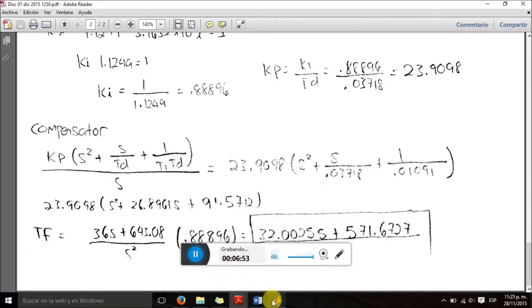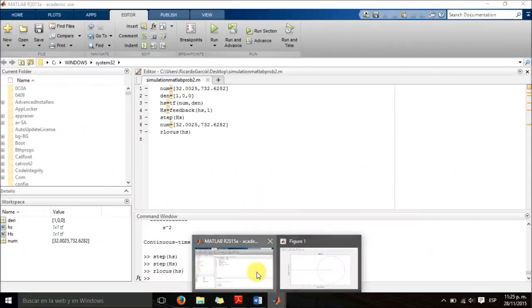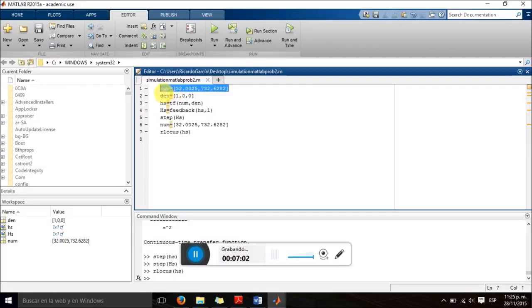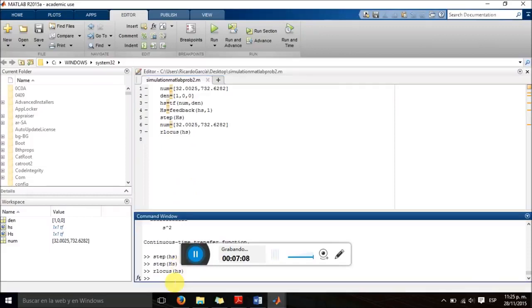So then we can sketch this in MATLAB with the new parameters, and we can make a plot like this.